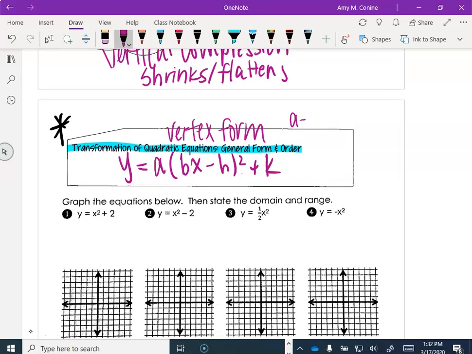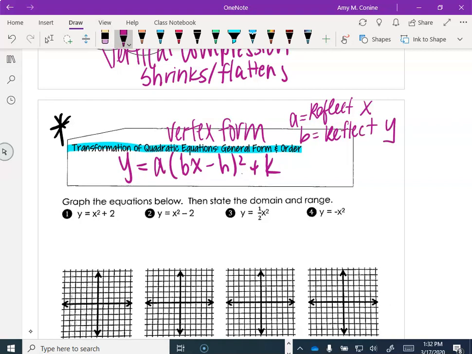So here, your a is going to be your reflect x. Your b will be a reflection over y, which we don't talk about a lot with quadratics because it's symmetrical over the y-axis.